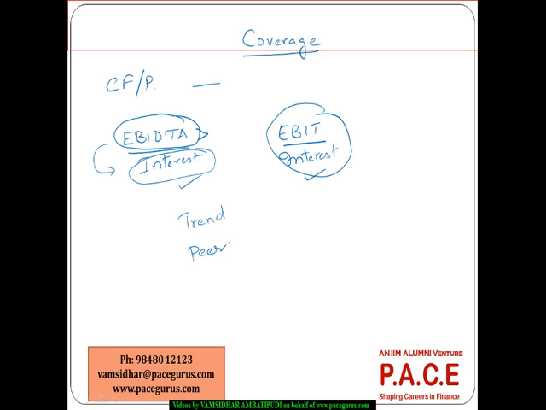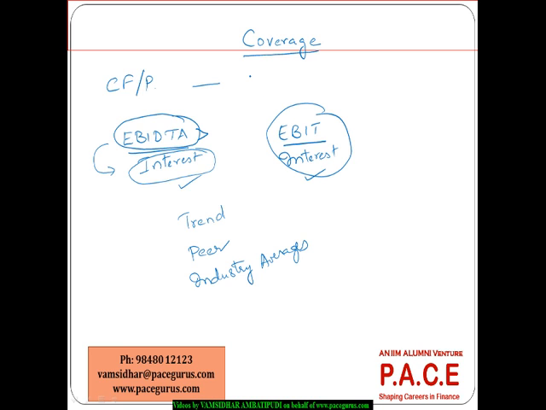But all these ratios need to be compared with respect to the past, as a trend analysis, peer-to-peer analysis needs to be performed, and some kind of industry averages can be used for verification of these ratios. So very commonly we see that the debt to EBITDA ratio, EBITDA to interest, which is a coverage ratio, free cash flow to debt ratios, debt to capital ratios, and leverage coverage ratios are computed for each of the years compared, and that is where the overall credit analysis of the firm is typically performed.